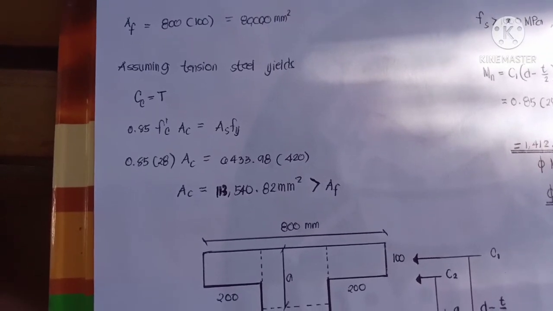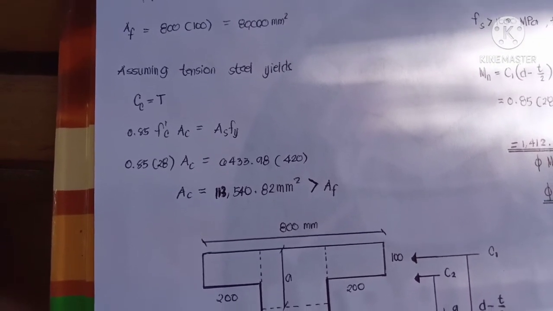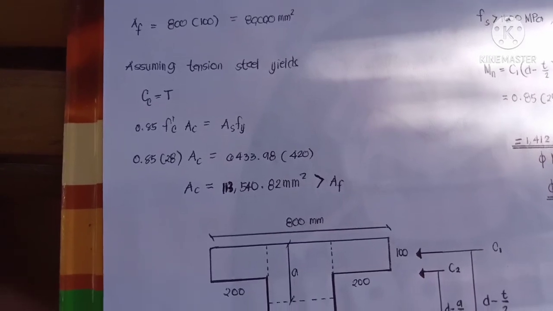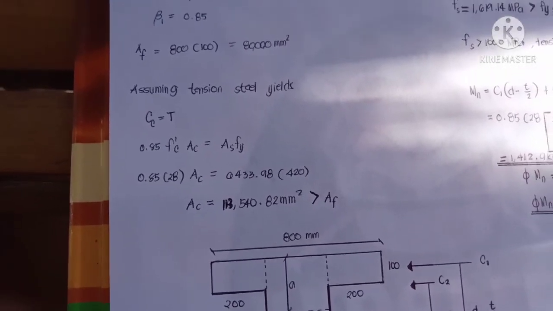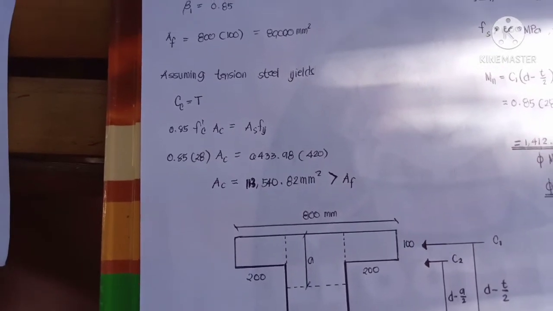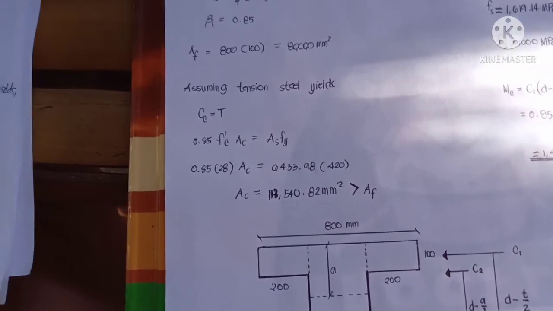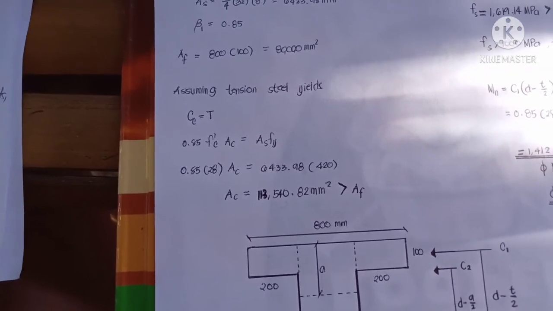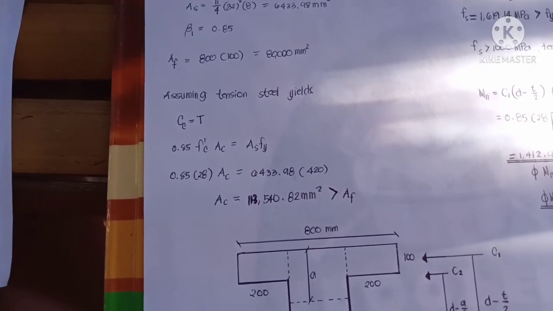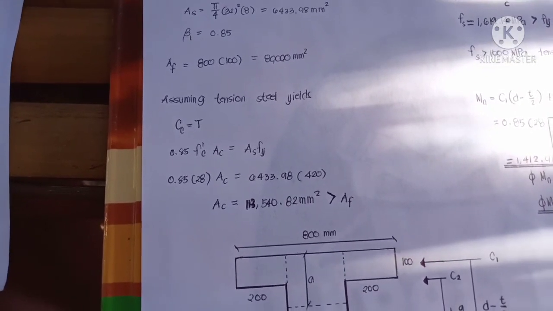Assuming the tension steel will yield, we have the compression of concrete equal to the tension. The equivalent formula for C sub C is 0.85 Fc prime Ac. And for the tension, we have As Fy. Since the values of Fc prime, Fy, and As are known, we can solve for the area of compression concrete.